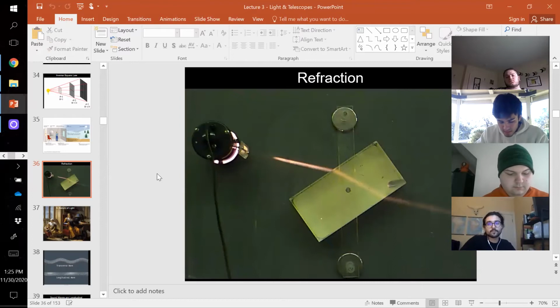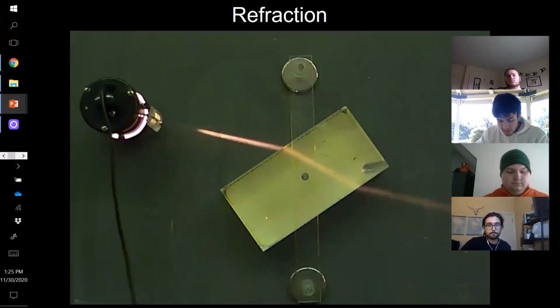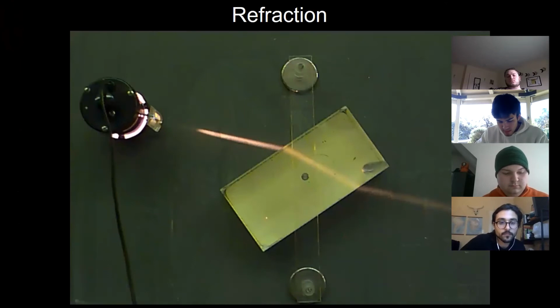Refraction is the bending of light as it passes through a slab of glass or some other thick medium. Here you can see a ray of light. They've collimated a light source into a single beam using a slit. And when it strikes the interface between air and glass, light travels slightly slower through glass, so it undergoes something called refraction.